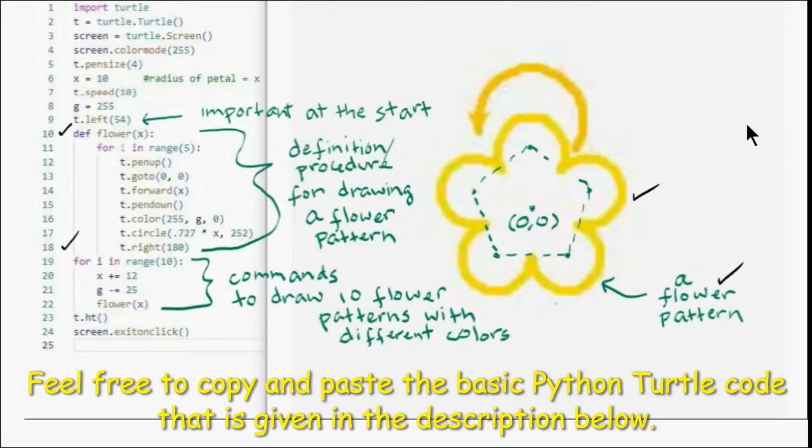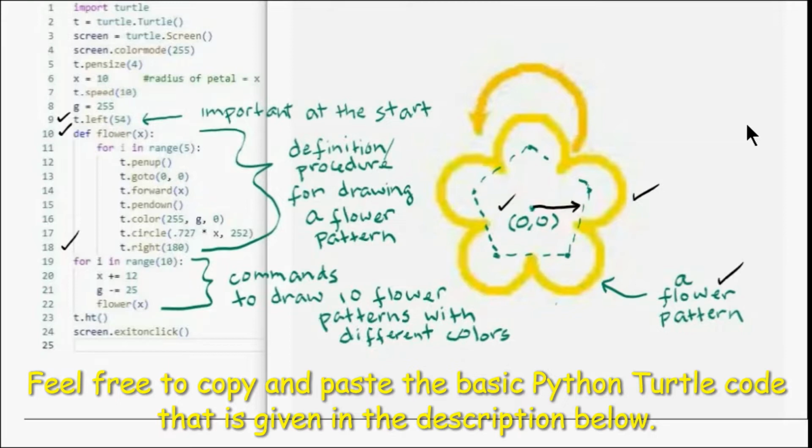Now, before we draw the flower, number 9 is very important. I first change the direction of the turtle 54 degrees to the left. The 0, 0 is right here on the rectangular coordinate plane. The original direction of the turtle is like this.